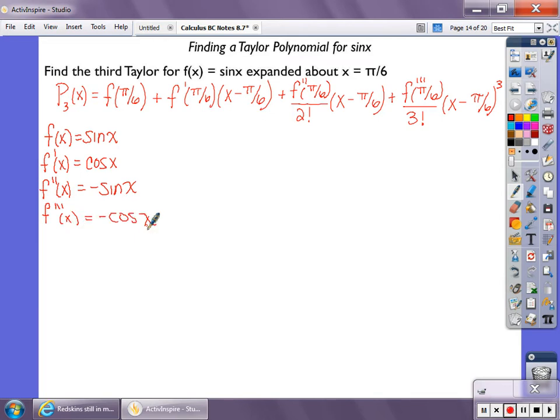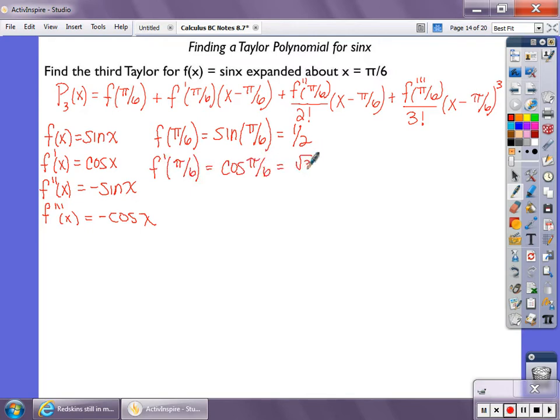So now I need to evaluate each of these at pi over 6, where we're centered. f of pi over 6 equals sine of pi over 6. The sine of pi over 6 is 1/2. Now we need f prime of pi over 6, which is the cosine of pi over 6, which is square root of 3 over 2.